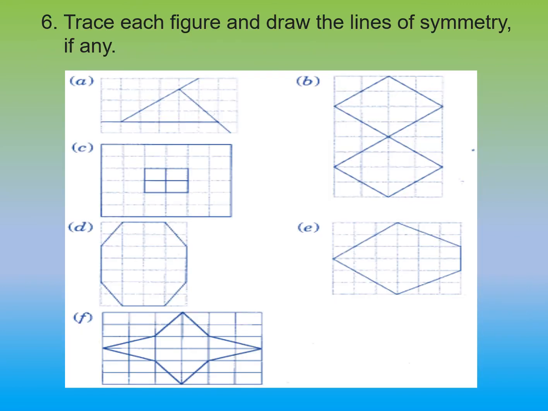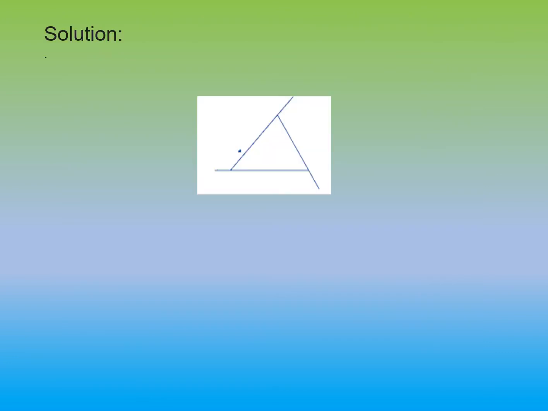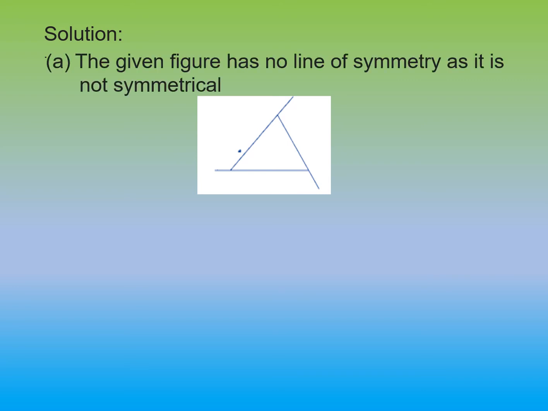Trace each figure and draw the lines of symmetry if any. So we should trace this first and then draw the lines of symmetry. For the first figure, we don't have any lines of symmetry, as it is not symmetrical.